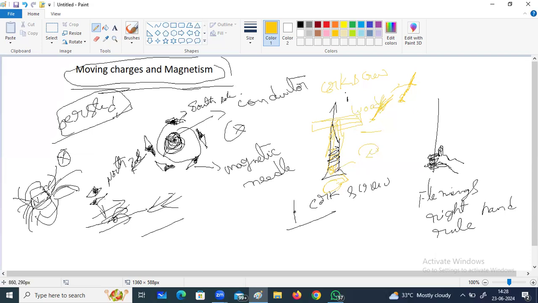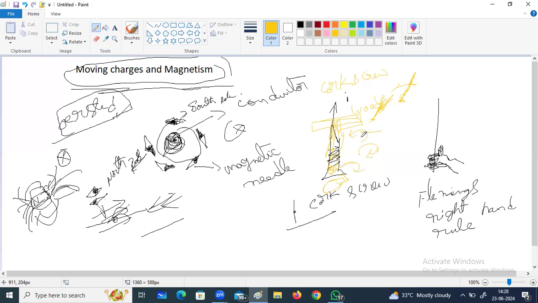If you move it clockwise, the screw automatically moves deep into the wood. If you move it anti-clockwise, it comes out of the wood. In this way, the direction of rotation of the screw gives the direction of the magnetic lines of force.